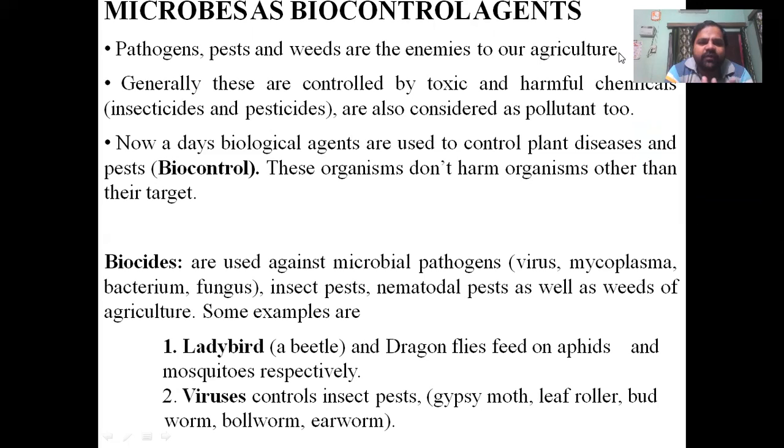It means if we use a particular biological agent for a particular pathogen, that agent will kill only that pathogen. It will not harm our plants. First, we will discuss biocides.